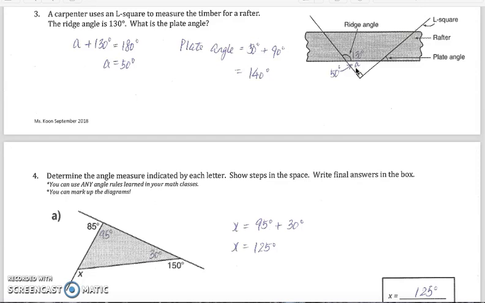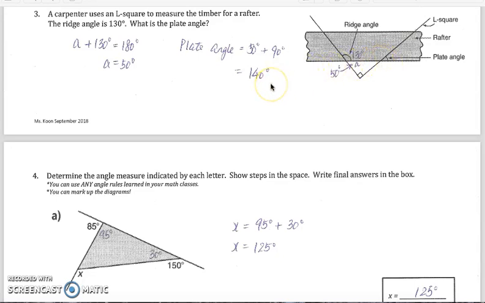Once I know that this is 50 degrees and the triangle here is a right triangle, A plus 90 will give me the exterior angle over here. And then to find the plate angle, we will have to subtract the result from 180.